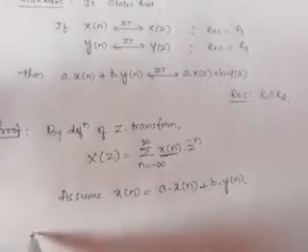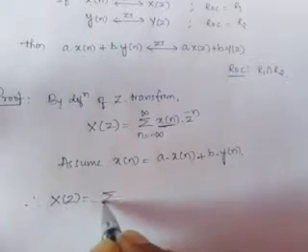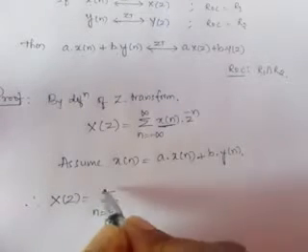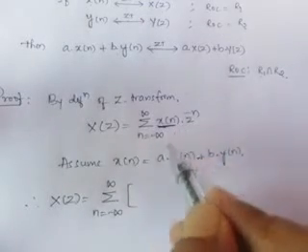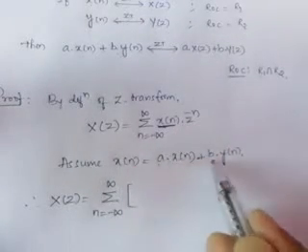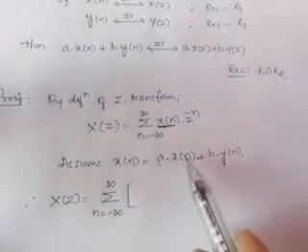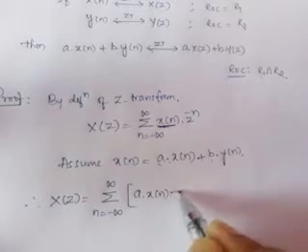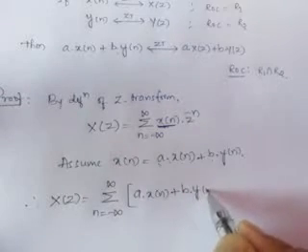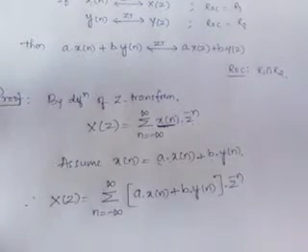Then x of z is equal to summation n equal to minus infinity to plus infinity, a into x of n plus b into y of n, multiplied by z to the power minus n.